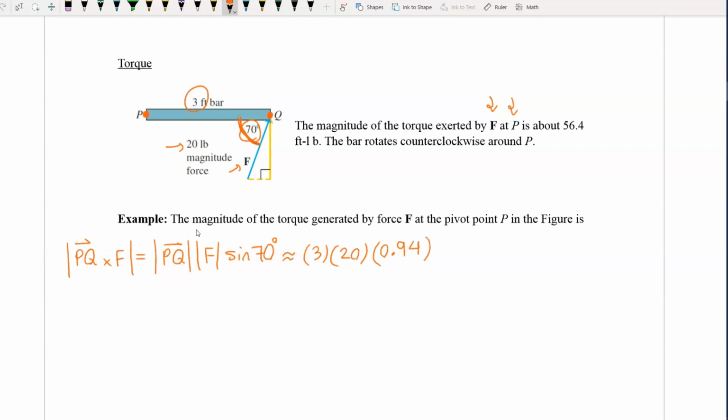So using a calculator, we can find sine 70 degrees is equal to 0.94. So this is 56.4 foot lb.